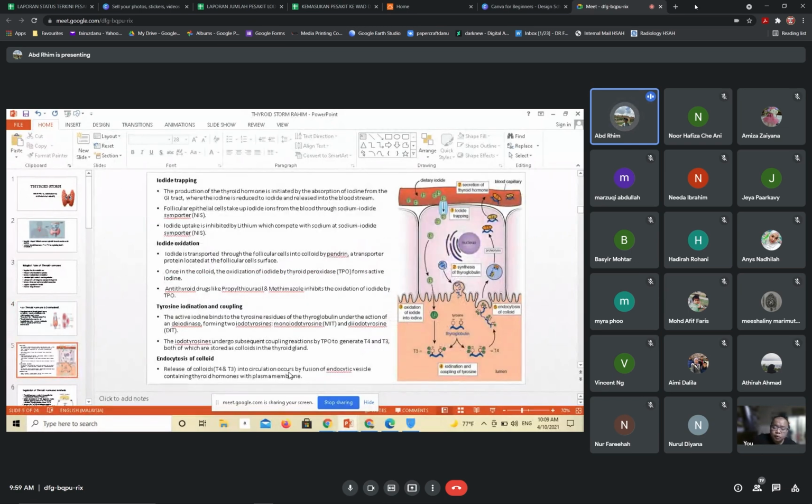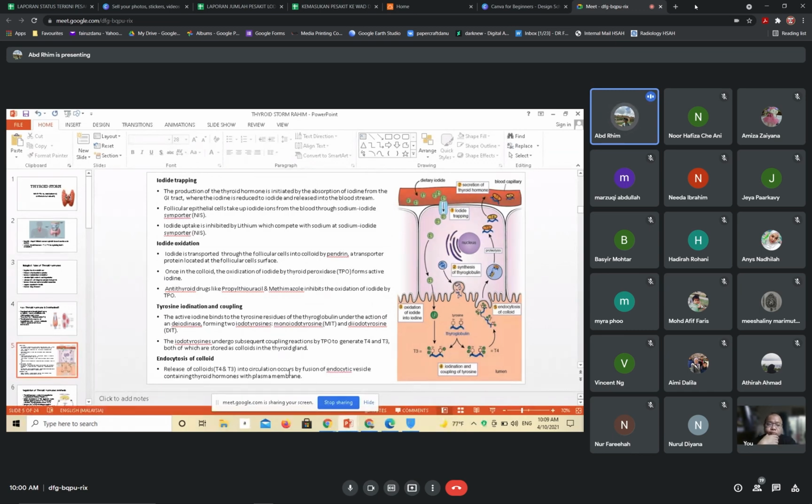So this is the general idea of how thyroid hormone is synthesized, based on 4 steps. The first one is iodine trapping, where the production of thyroid hormone is initiated by the absorption of iodine from the GI tract, basically from our diet, where the iodine is reduced to iodide and released into the bloodstream.